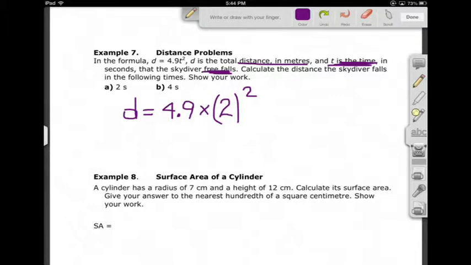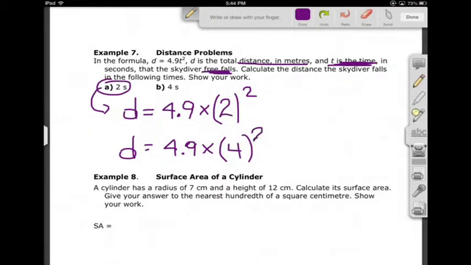So this is our first example. And our second example, distance is equal to 4.9 multiplied by 4 squared. And you can see that this value when squared makes a very big difference.